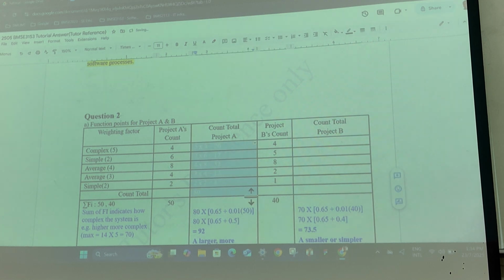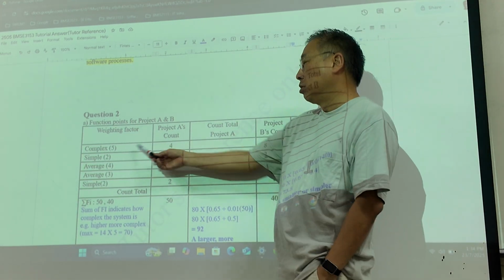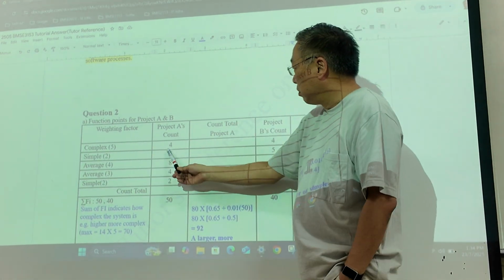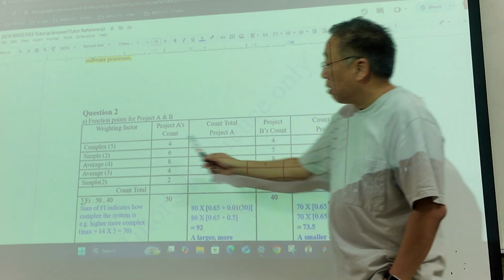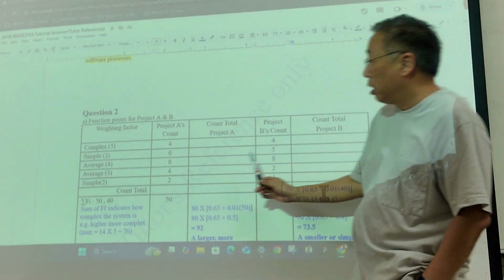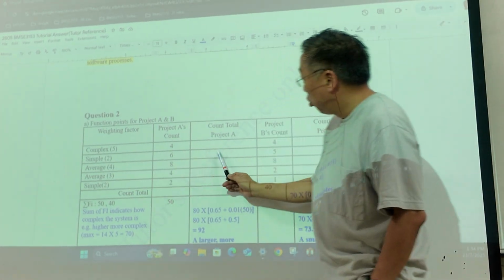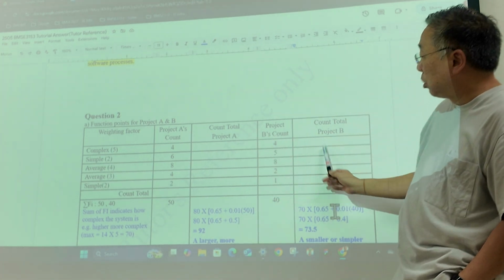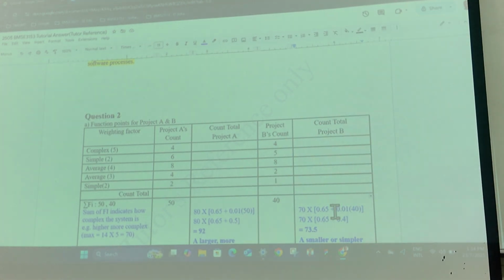Okay, don't look at the bottom one first. Let's just calculate the top one first. Essentially, you take the weightage and multiply it by the count. It's as simple as that. 5 times 4, 20. 4 times 5, project B, also 20. Project A, 6 times 2, 12. Project B, 5 times 2, 10. You get the picture, right? You just apply the weightage and multiply it.